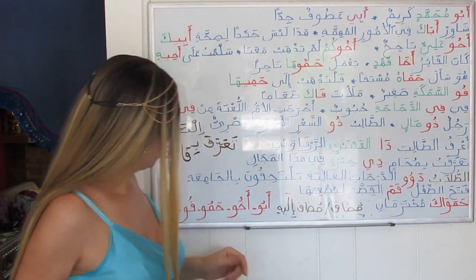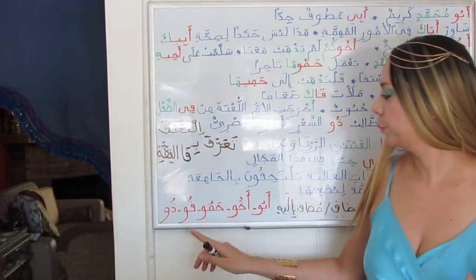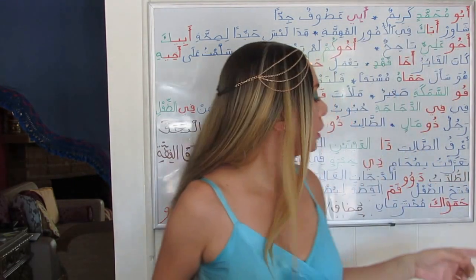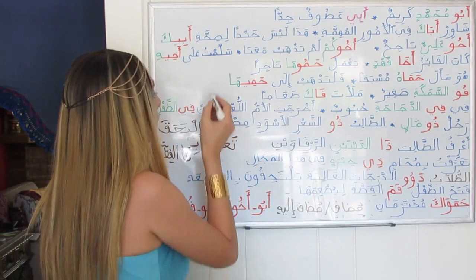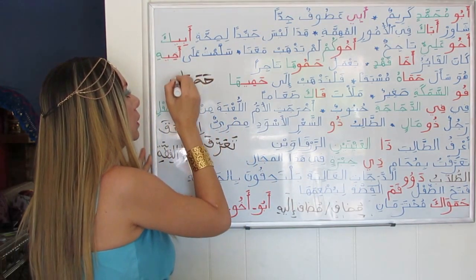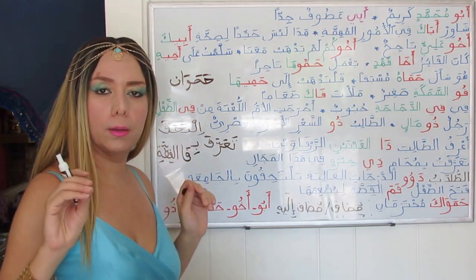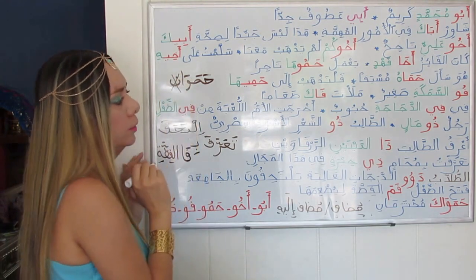What about the dual form of حمو? حمو, father-in-law. So the dual form of حمو is حموان. And to attach a suffix pronoun, we have to get rid of the nun.